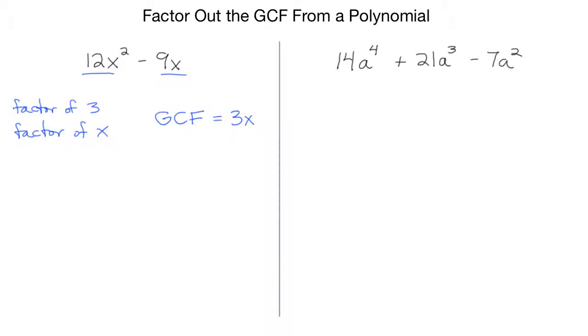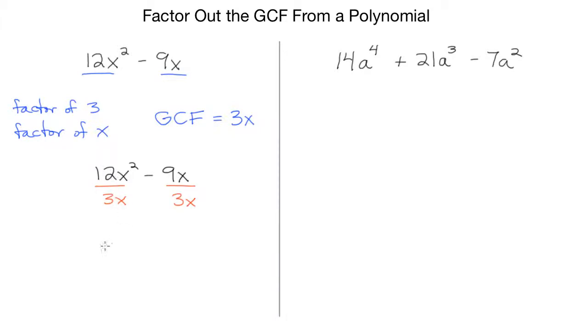All right, so now how do we rewrite this? Well, I need to do some polynomial division. I'm going to take my 12x squared minus 9x, and I'm going to do the opposite of the distributive property. Instead of multiplying, I'm going to divide out the greatest common factor. So I'm going to divide out 3x and see what I have left.